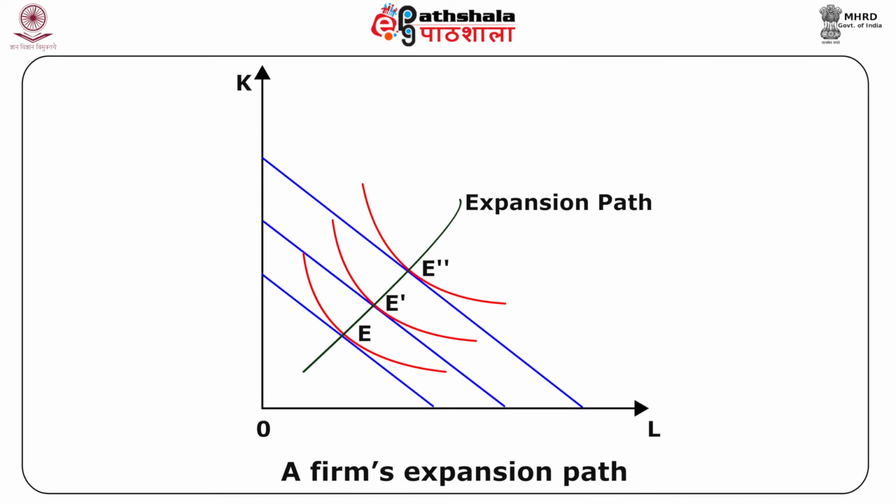Further expansion leads to yet another equilibrium point, E double dash. All the 3 points E, E dash and E double dash are least cost input combinations given by tangency of the ISO cost line to the ISO quant for producing various output levels. Connecting the origin with all 3 points gives us the curve which is known as expansion path.